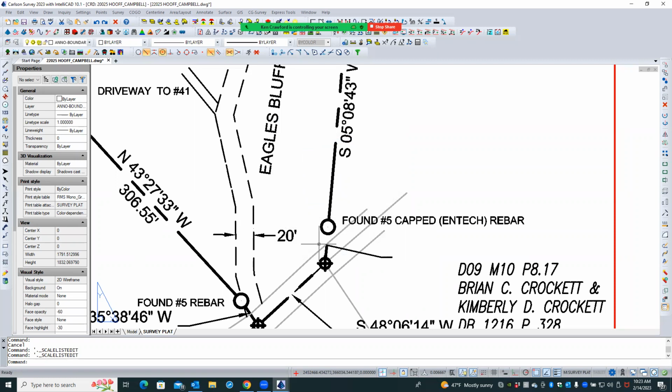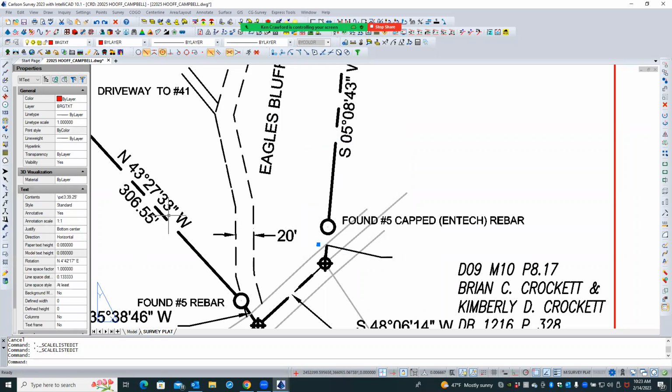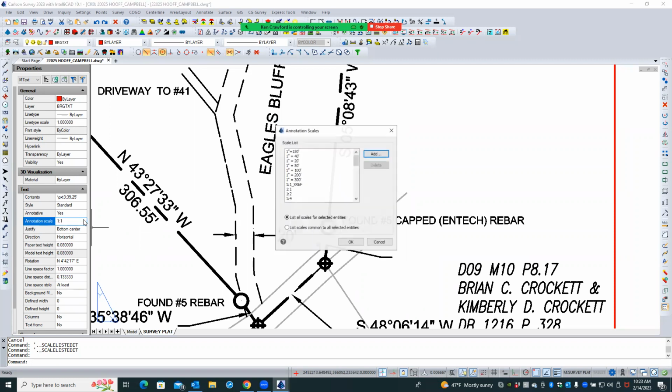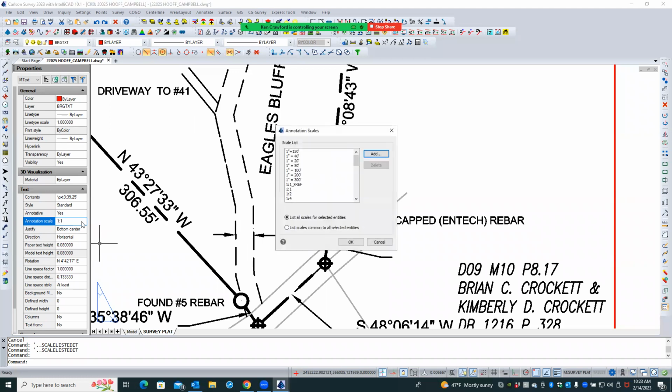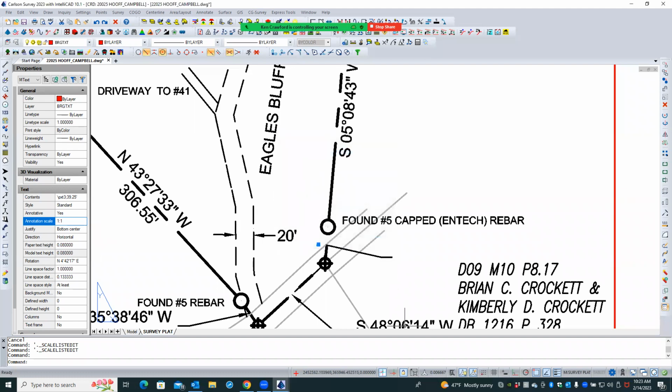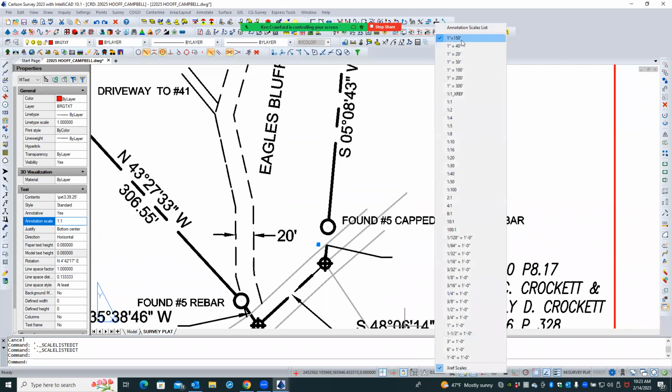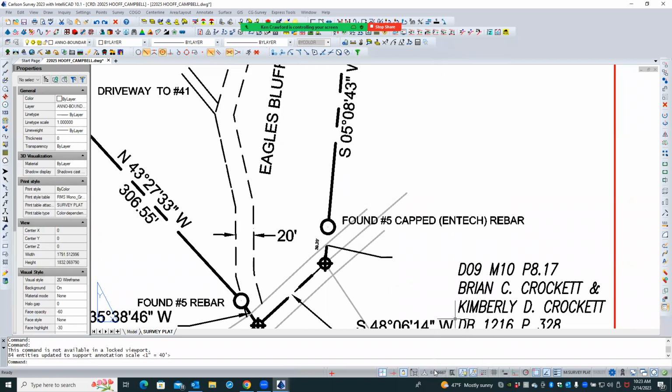Now we got to get that text again. Well, the arrow on my leader disappeared too. All right, we'll set them both back here. Let's see here. Oh, wait a minute. I know what. We now have to set this to. There we go.